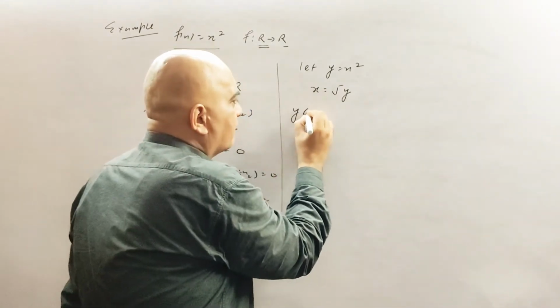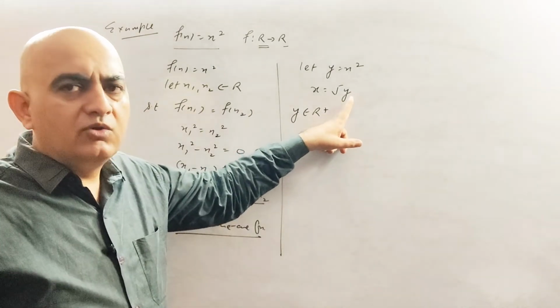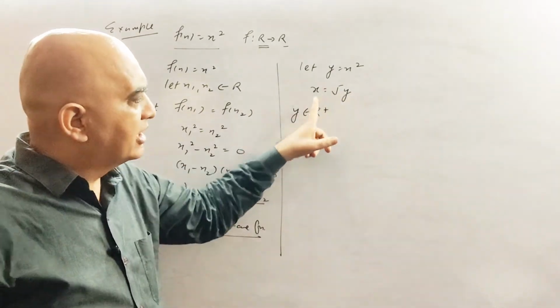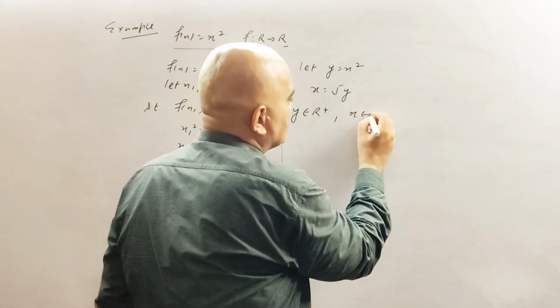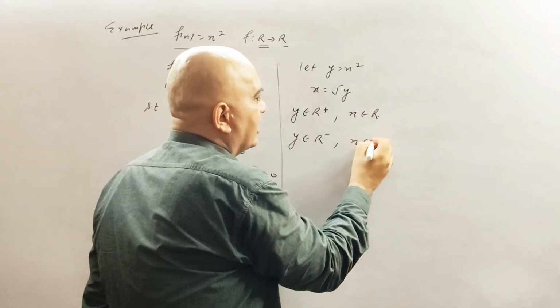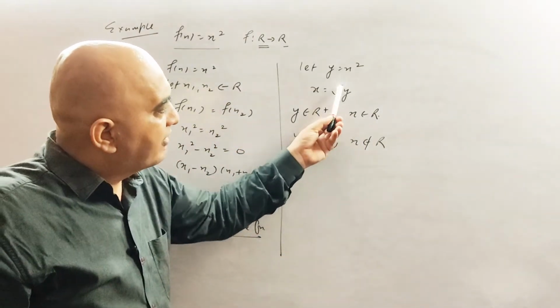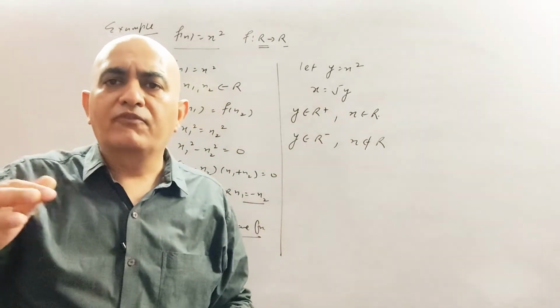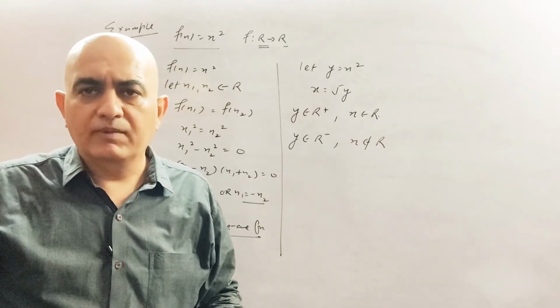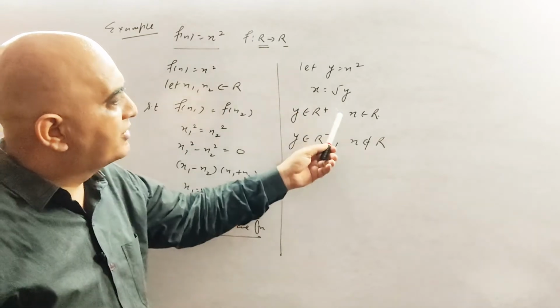Whenever you take y as a positive real, either it is 1, 1.1, 2.3, we get some real numbers. Means x exists, x belonging to R. But if y is a negative real, then x does not belong to R. Why? Because when you take y as a negative number, then the root of a negative quantity will be iota, an imaginary number. So we have no pre-image of the negative numbers.